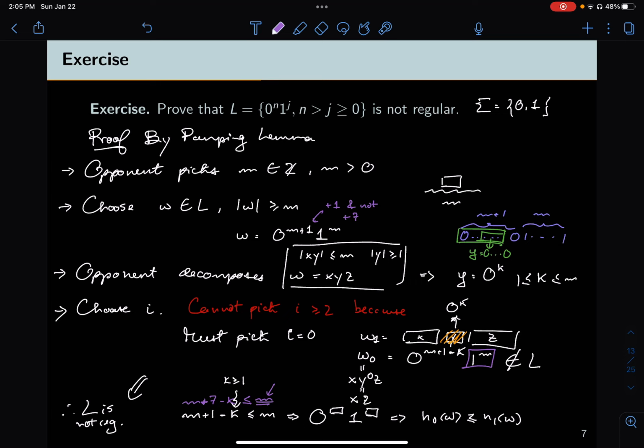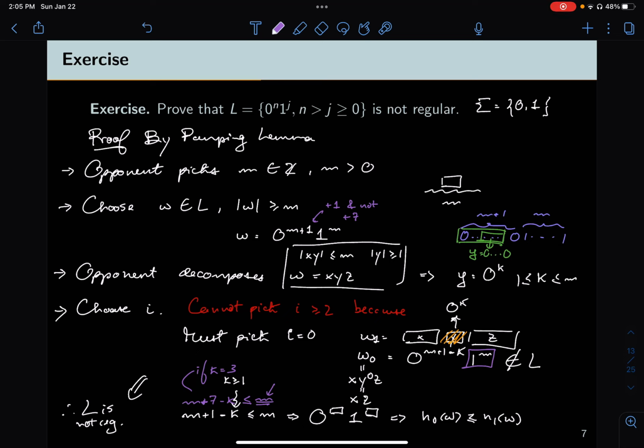But here we can't guarantee that with m plus 7 minus k, because if k is, for example, 3, then we have m plus 4, and m plus 4 is still strictly greater than m. So in that case, the pumped string is still in the language.